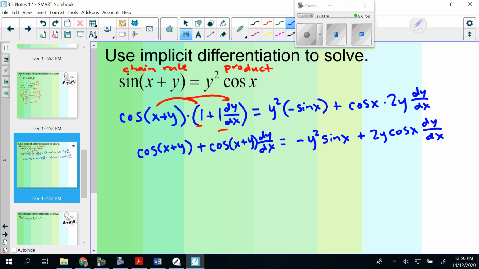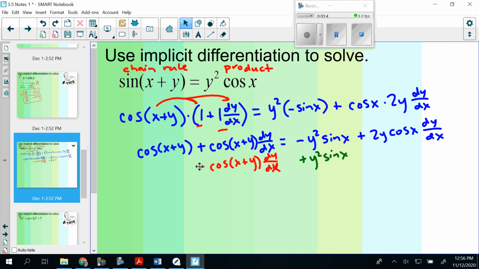So you got to pick one side. It doesn't really matter which side you move it to. I'm going to choose to subtract this one over. So I'm going to subtract this one to the other side. In doing that, I also don't want any terms that don't have the derivative over on that right side. So that means this one, since it doesn't have a derivative, I'm going to add that one over to the left side.